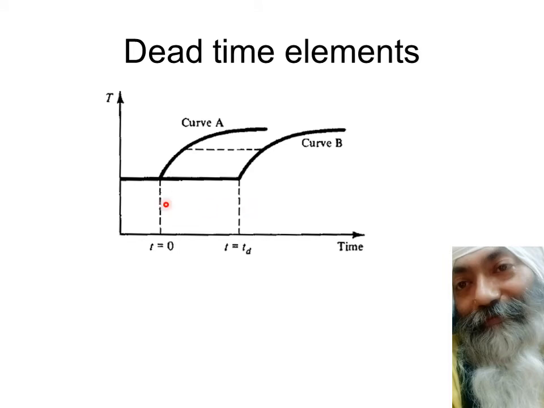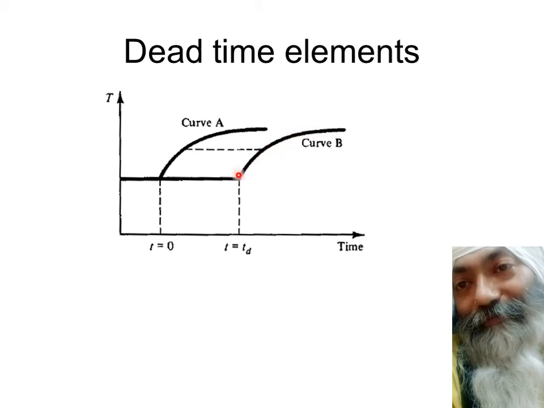My dear friends, this is what happened at the inlet of the pipe. At the inlet of the pipe, the temperature started rising at t equal to 0 like this. But the outlet, the second end of the pipe, will not show any change for the time equal to TD, and after time equal to TD, something similar to the curve shown over here will start happening at curve B, right?